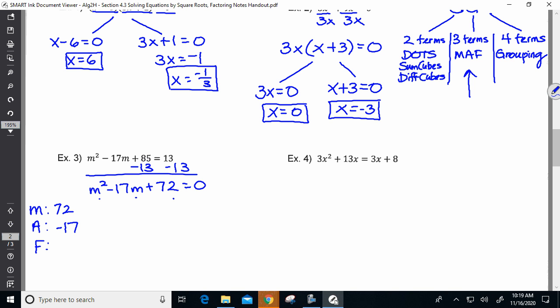What's that going to be? See who remembers how to do that with numbers. We need 2 numbers that multiply to 72 and add up to negative 17.